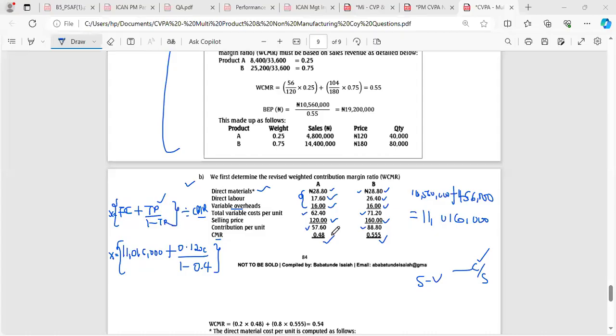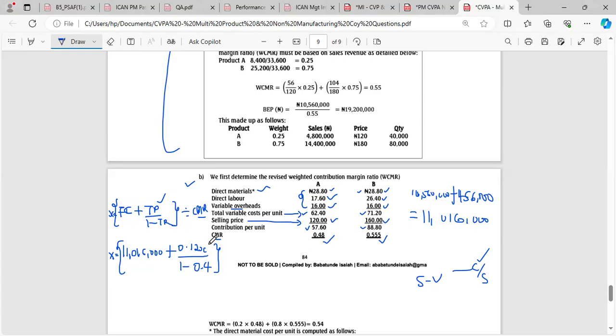Did we miss anything? Okay, I think we got it up to all the variable costs, and up to total variable cost. And this is sales. So sales minus total variable cost is what gives us contribution.